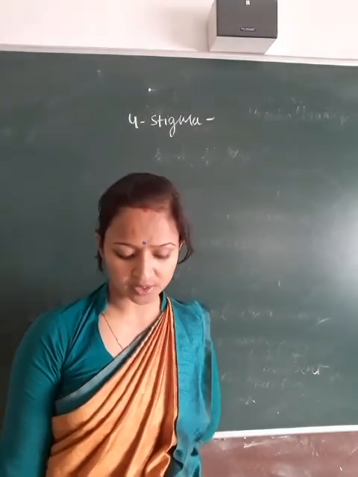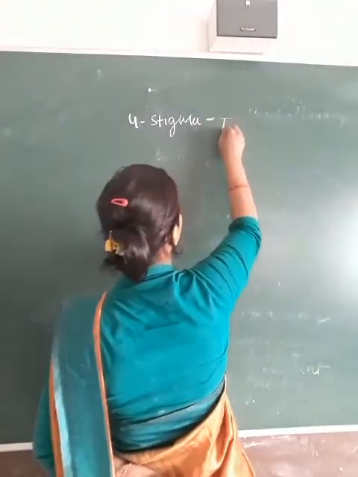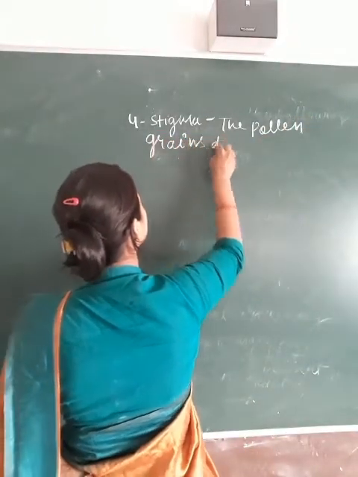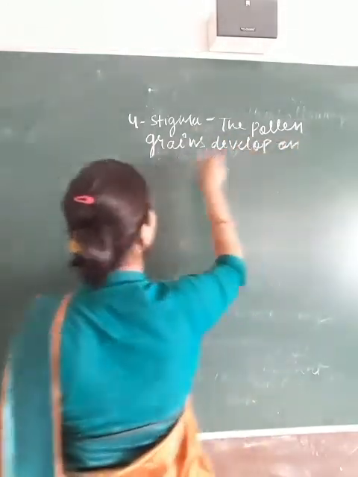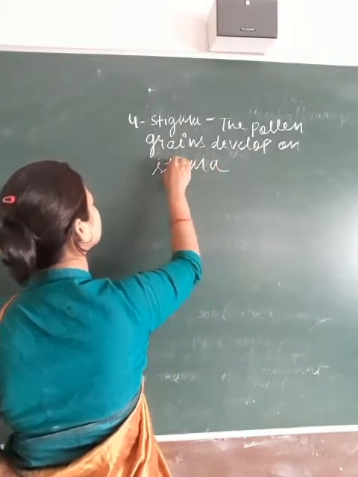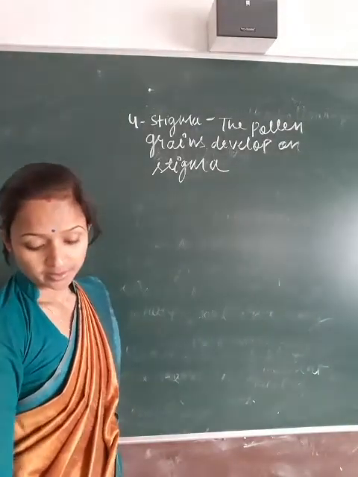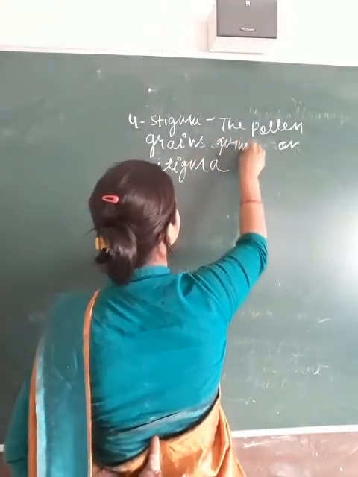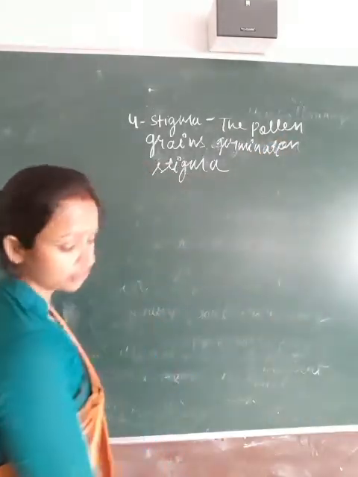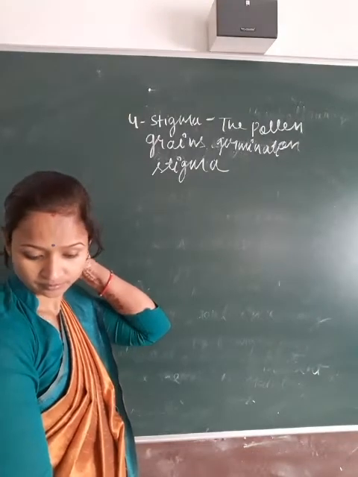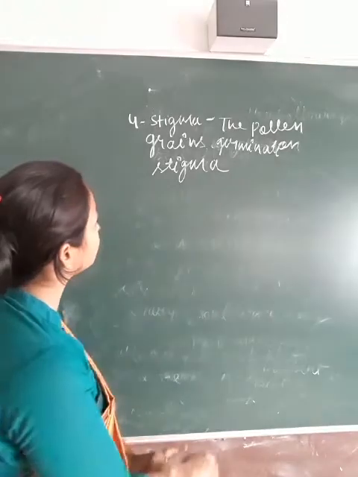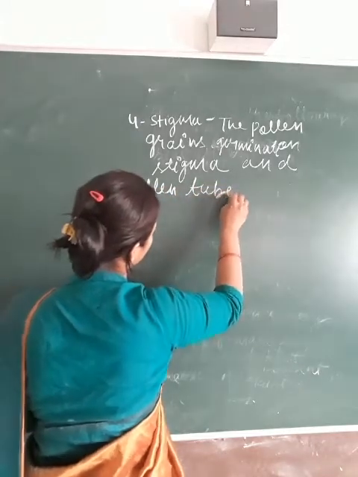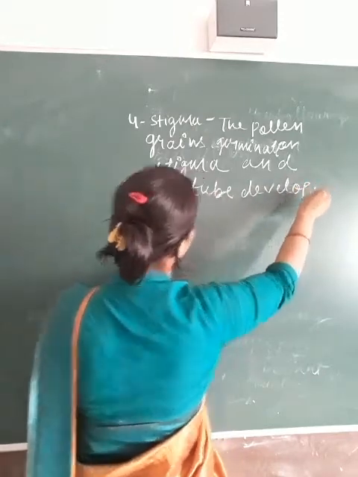The pollen grains germinate on stigma and pollen tubes develop.